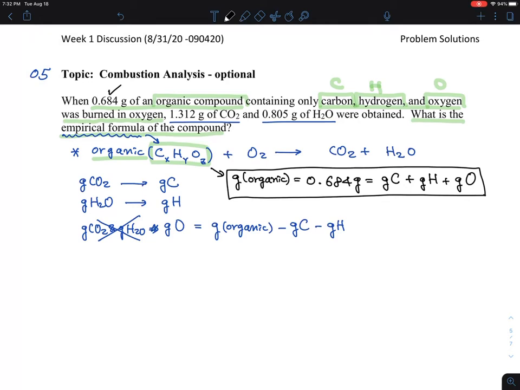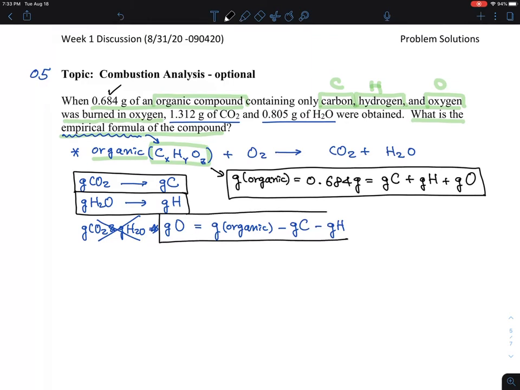And so once I figure this conversion from CO2 mass to the carbon, and H2O mass to hydrogen mass, then all I can do is figure out the mass of the oxygen from the total mass of organic minus carbon mass and hydrogen mass.